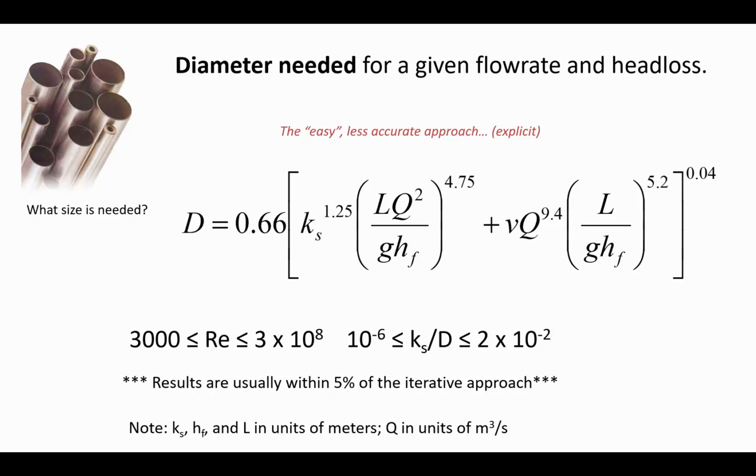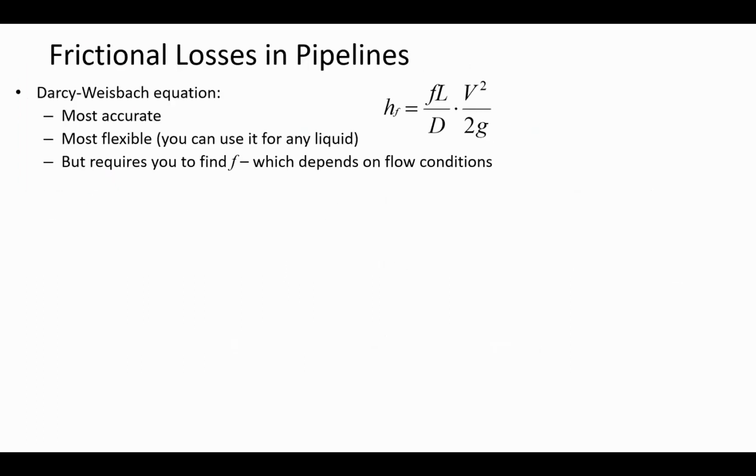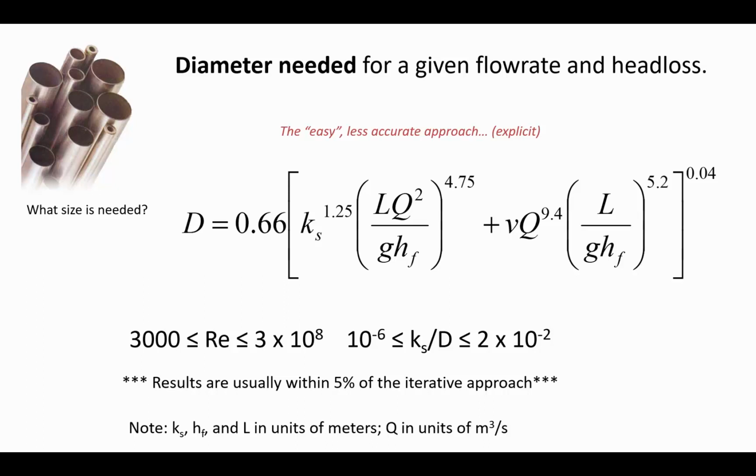The Reynolds number can be from 3,000 up to 3 times 10 to the 8th, and so that's the full range of applicability that would be possible for the Colebrook equation as well. So just to get an idea of what that formula looks like, I wanted to show you.